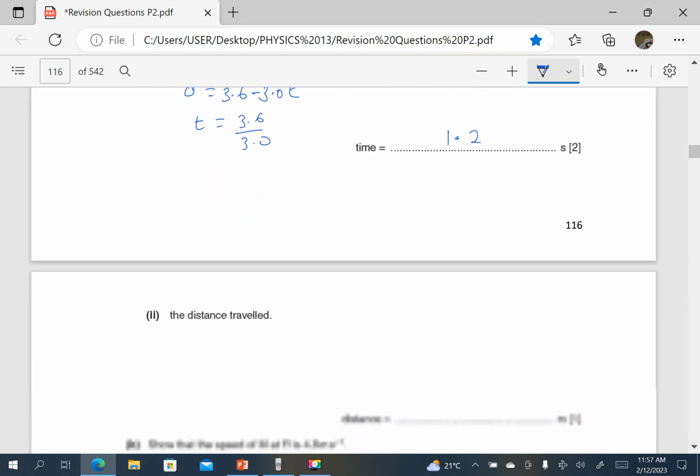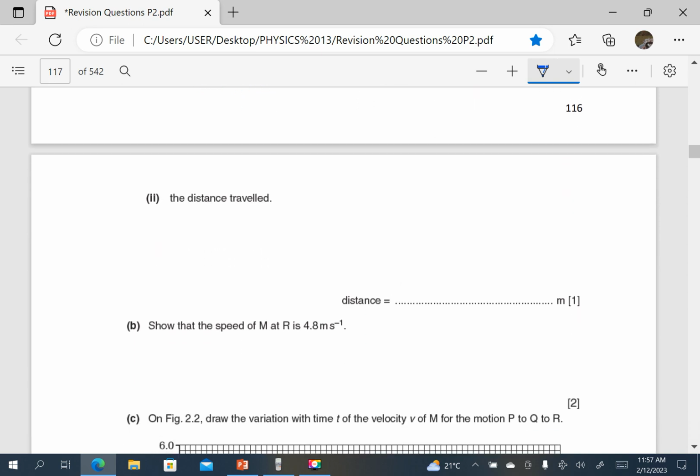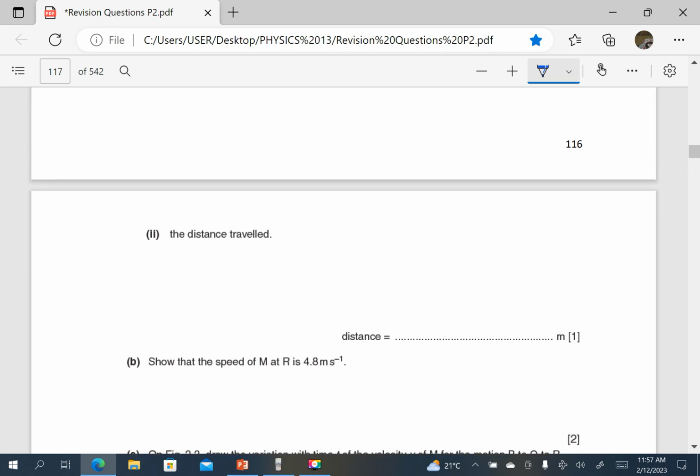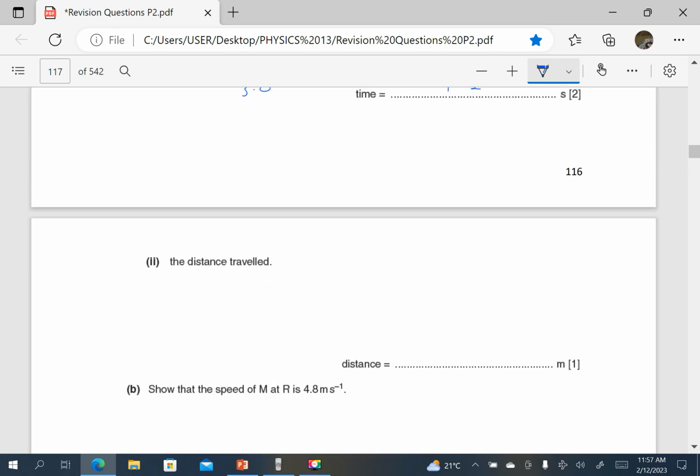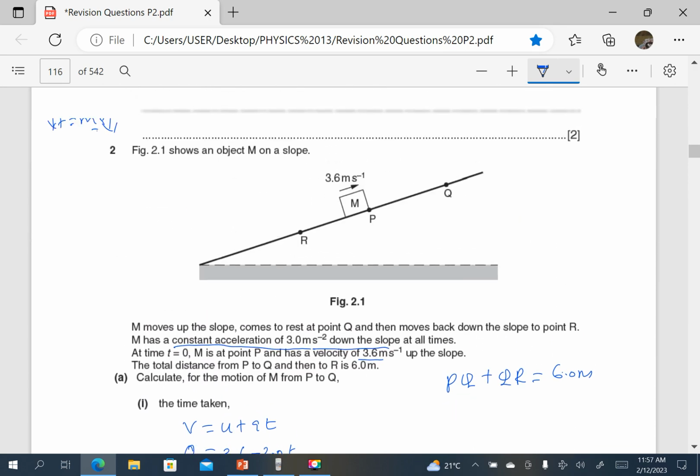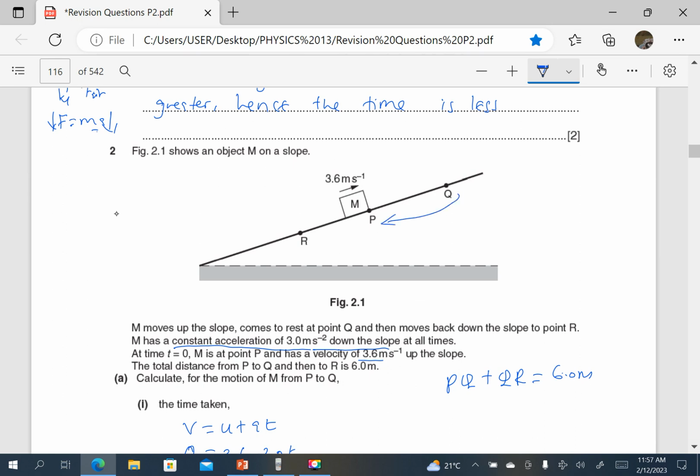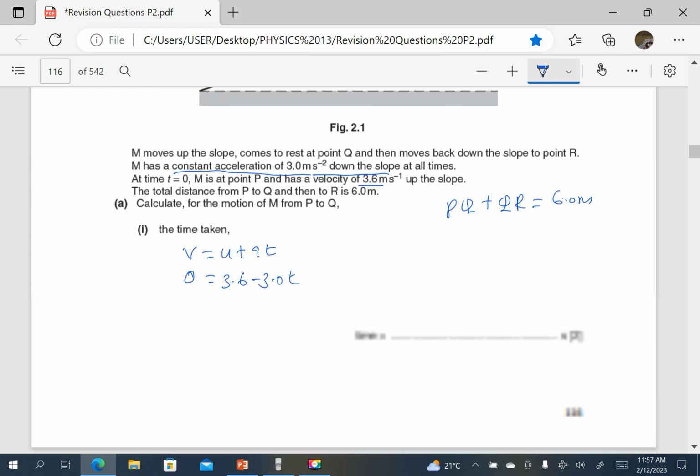Then the distance traveled. So we can find the distance using the equations of motion. For instance, we can say s is equal to ut plus a half at squared. So I will consider it when it is moving from Q. When it is moving from Q back to P, the distance is the same. But from Q, I know velocity there will be 0, when it is moving downwards.